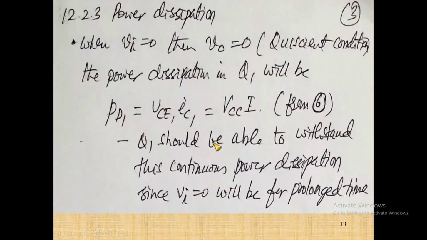So Q1 should be able to withstand this continuous power dissipation. The maximum value of IC1 will be I itself, which is the current supplied by the constant current source, and the value of VCE1 will be VCC if we neglect VCE sat.